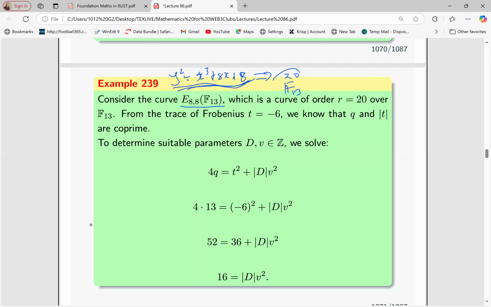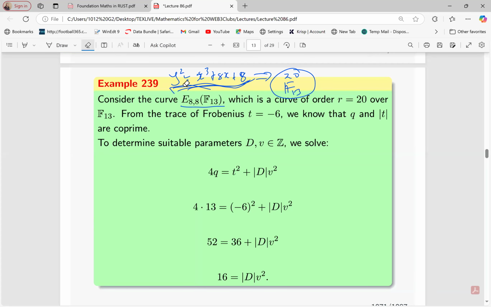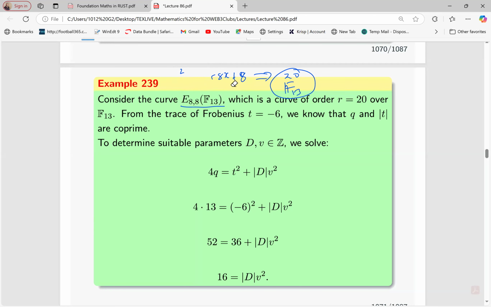So this is what we want to begin with. These are the properties you want: an elliptic curve that has 20 points and is on F13. This one we don't know, but we will obtain it at the end. So the first thing you do, as you've done, is you get the trace.